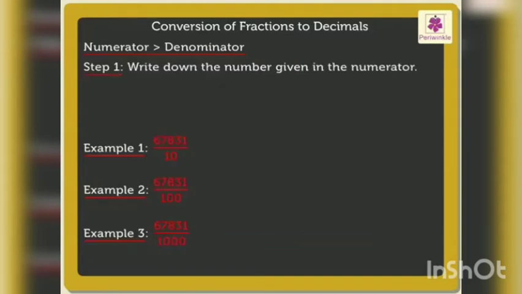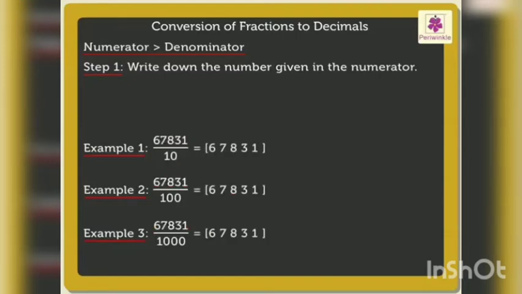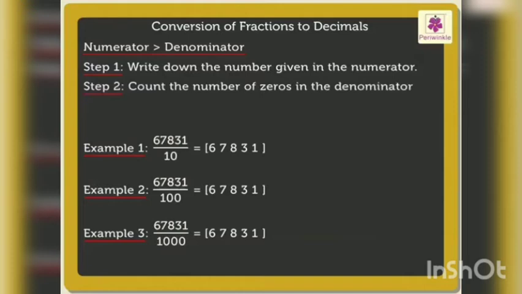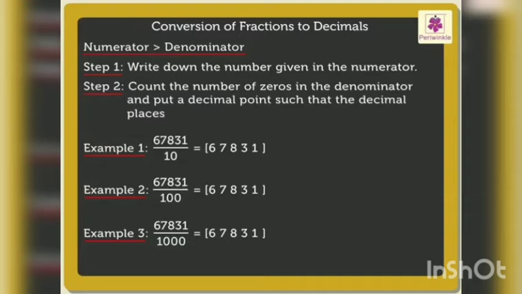For all the examples, the numerator is the same, that is 67,831. Step 2. Count the number of zeros in the denominator and put a decimal point such that the decimal places are equal to the number of zeros.